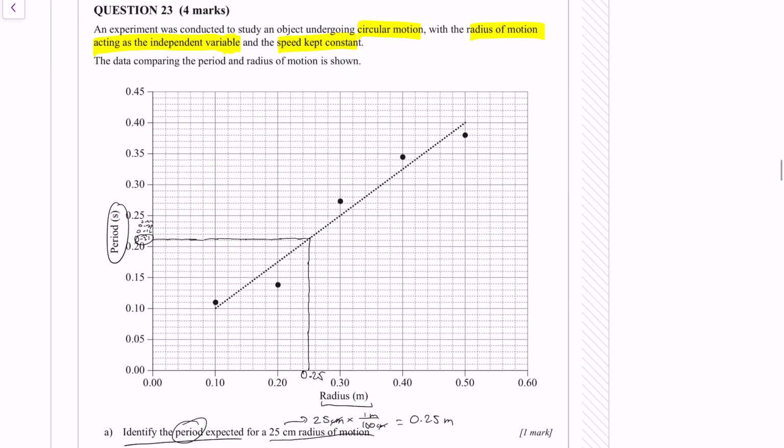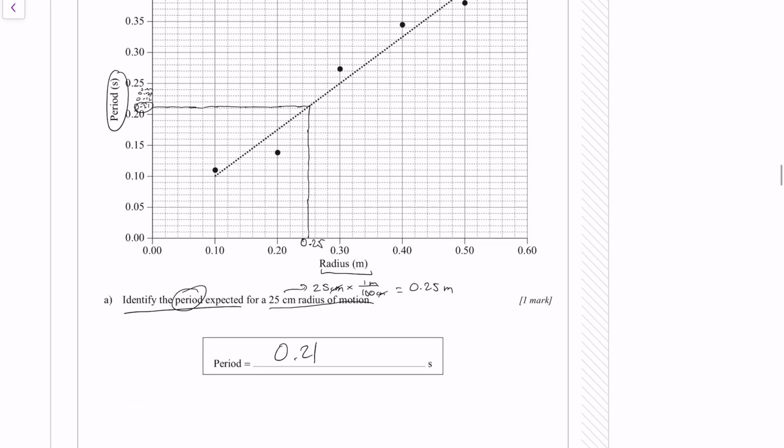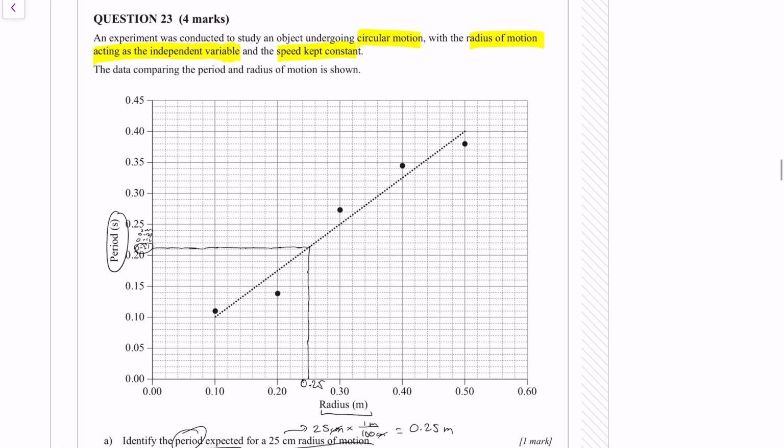All right, so always remember to bring your ruler to the physics exam, or get a ruler before your exam and utilize it. Okay, you cannot be sacrificing easy marks like this where it's just 1 mark. Okay, they were very generous here.